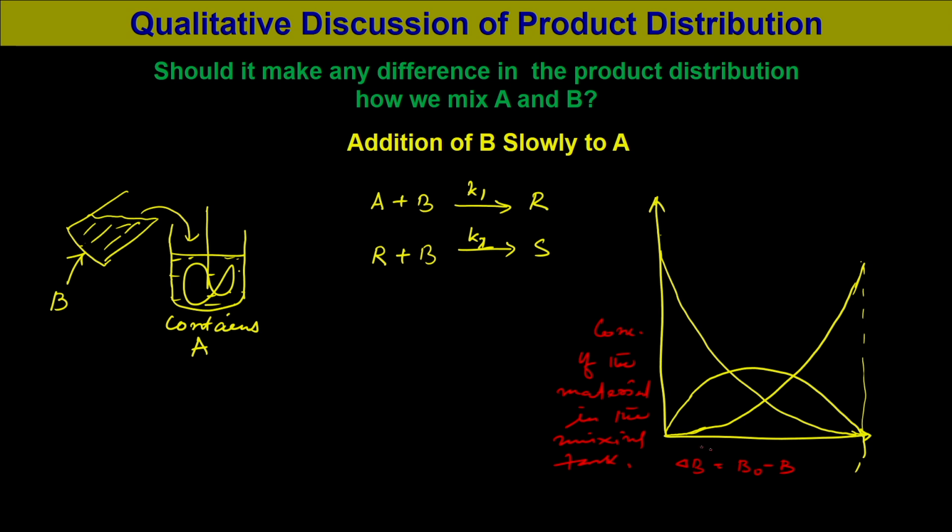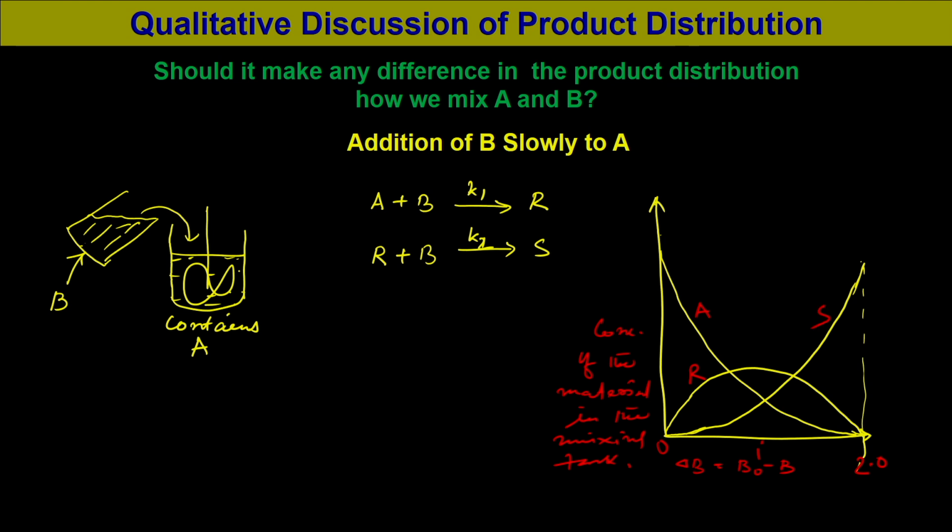So, this is say 0, this is say 1 and this would be 2.0. At 2, delta B is 2, all the A will be used up and this is the concentration profile for R. R will reach a maximum and then decrease to 0. This is the concentration of A and this is the concentration profile for S.